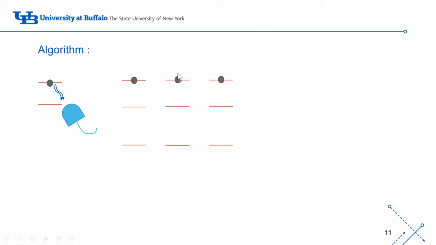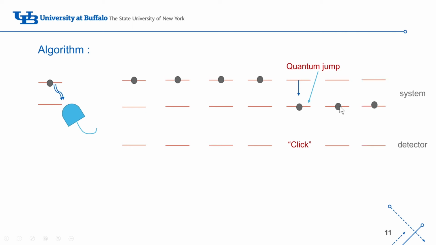Next step, same condition, still in the excited state because we are not getting any click, and now we get the click in the detector. What does that mean? The transmon has jumped from the excited to the ground state, and in the next step we won't get any click on our detector and the transmon will stay in the ground state. That's what we are seeing here.